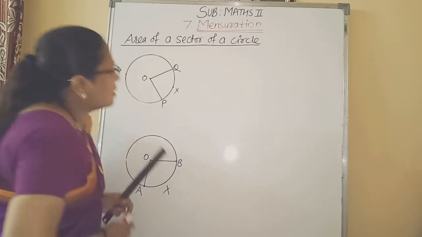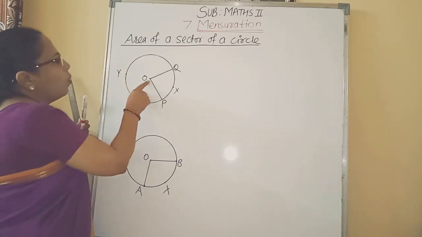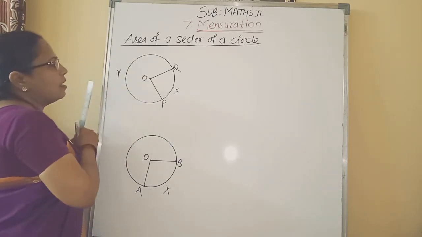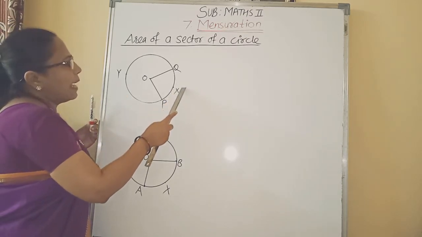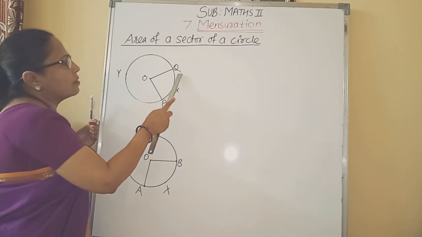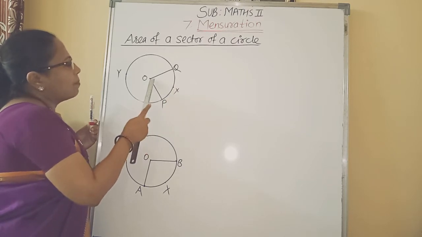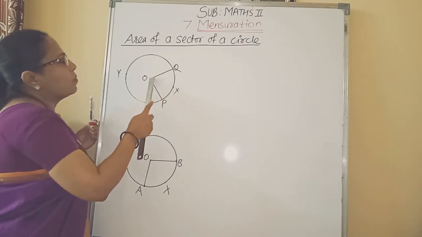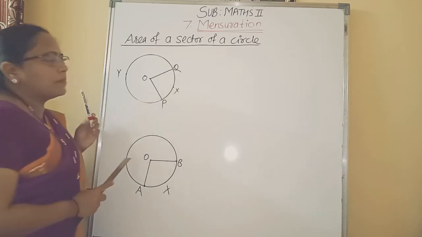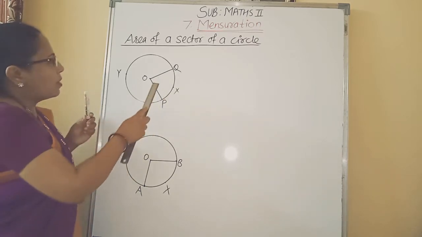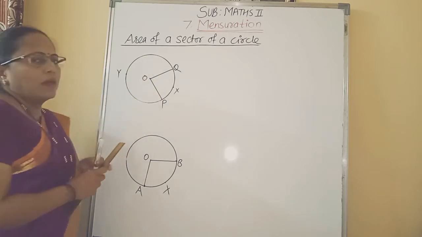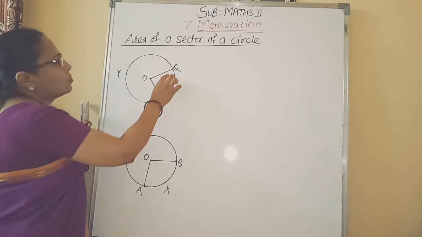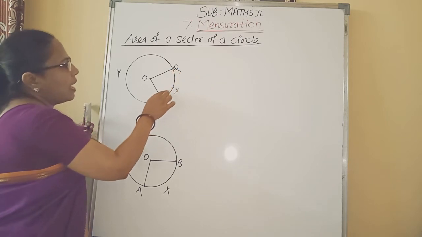Okay. So here in this figure, O is the center of the circle and PXQ is minor arc of a circle, and segment OP and segment OQ are radii of the same circle. So area of this circular region bounded between these two radii and this arc.